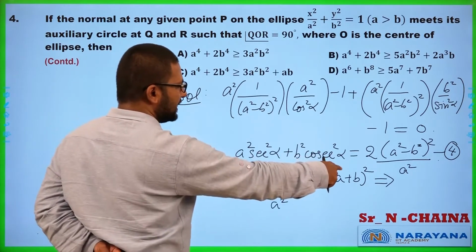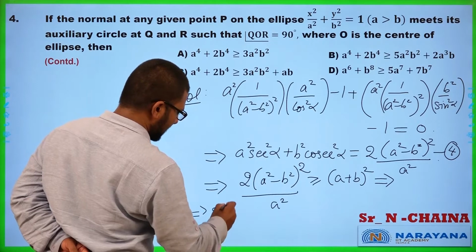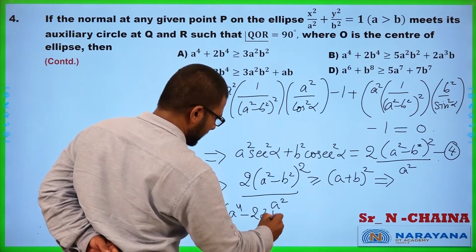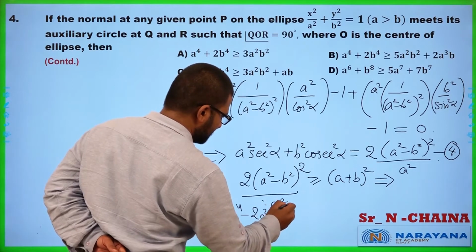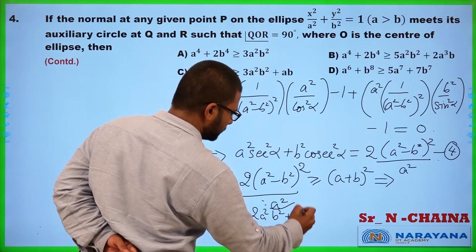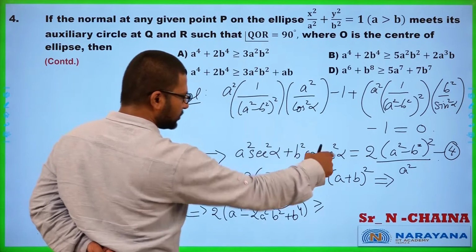Alright? Cross multiply it there. What do we get? We will have 2 times a raised to 4 minus 2a square b square, plus b raised to 4 is greater than or equal to, on that side take the a square there.